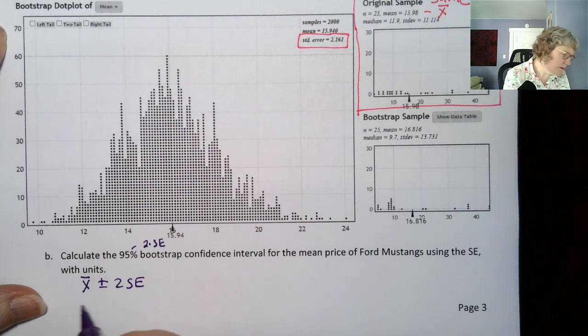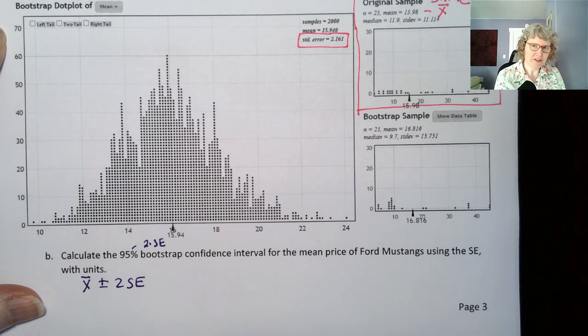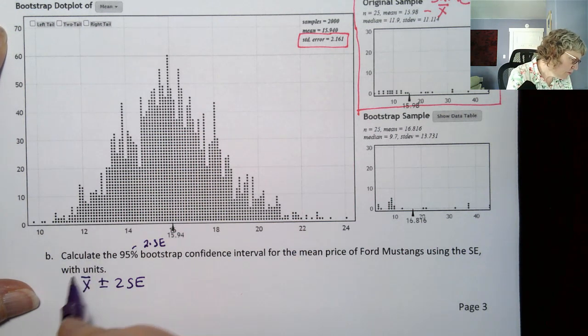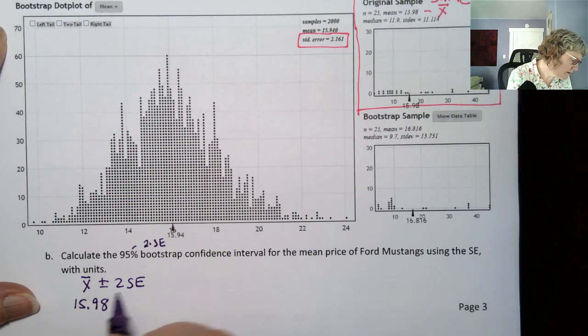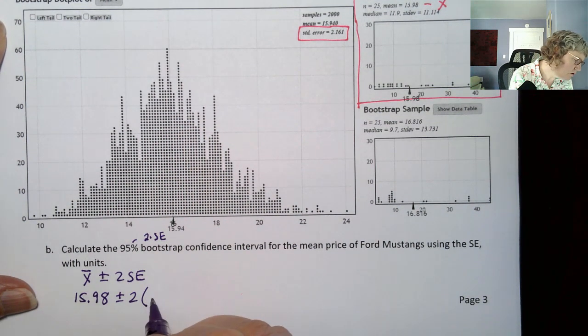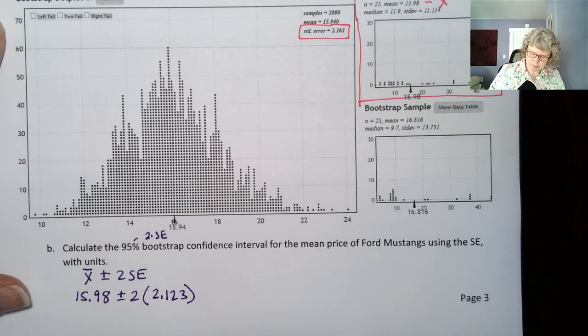And especially it's not really writing any more digits. It's not millions or billions or anything like that. So it's not very much difference in the amount of writing. So we have 15.98 plus or minus 2, and I'm going to use the parentheses for multiplication, 2 times 2.123. Okay.